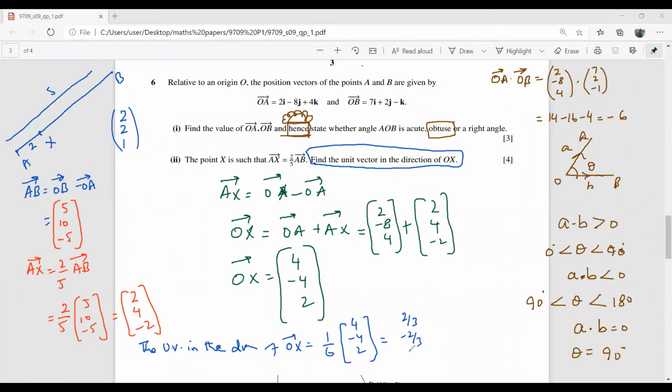And if there is someone amongst you who does not want to annoy the examiner at any cost, she must write this as 2 over 3 i minus 2 over 3 j, because that is how the question statement is given. Though you will be getting full marks if you keep it in this form, it is always better to be on the safe side. So this is the unit vector in the direction of OX.